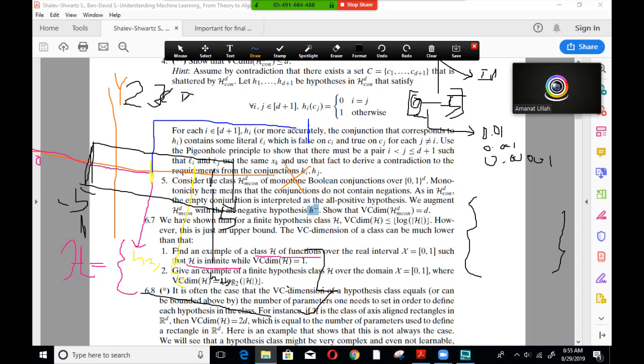So pay close attention to the question. For real numbers an interval would be infinite, but for integers the interval is finite.